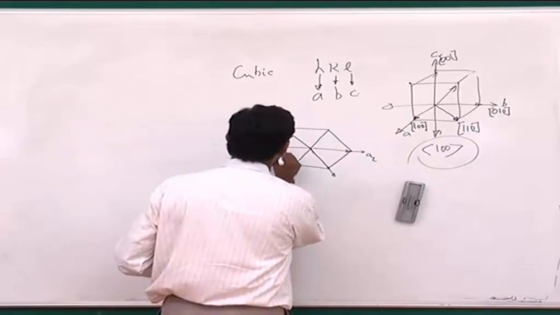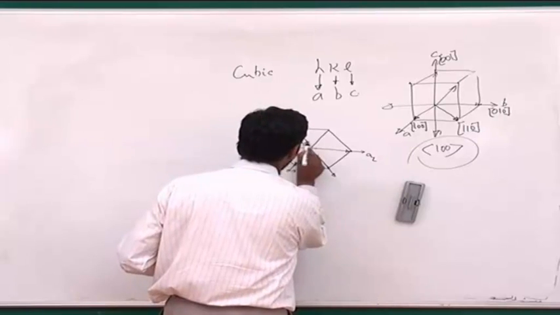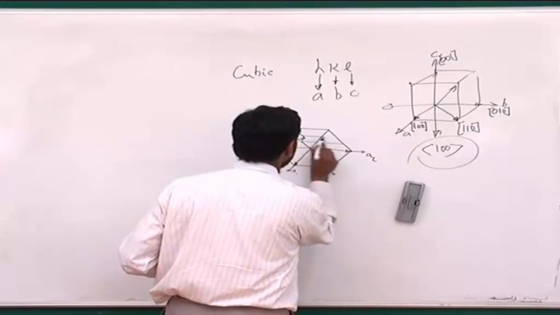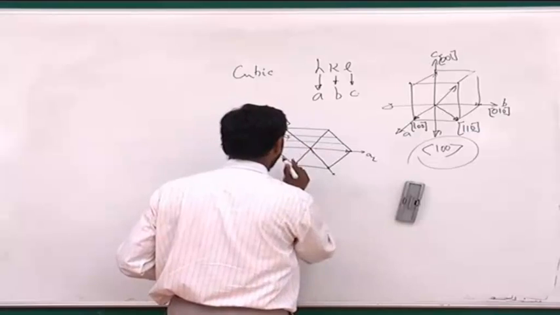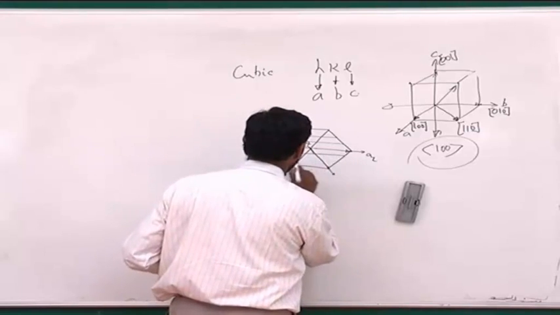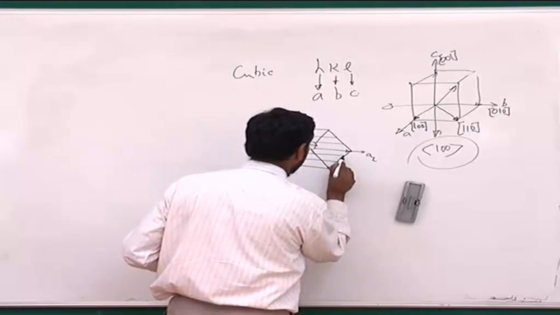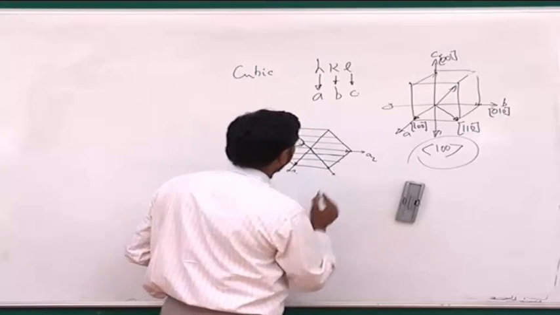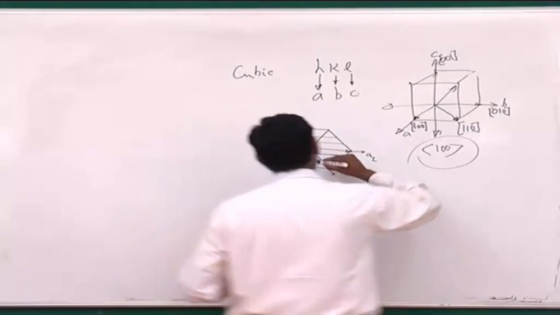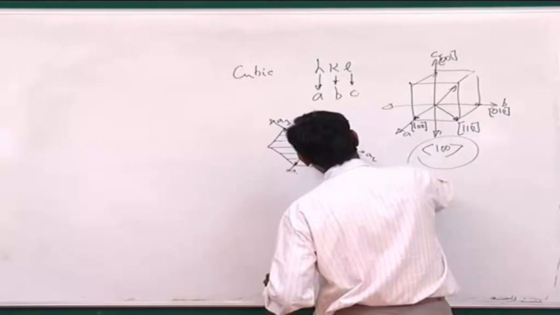So they divided this whole thing into 3 parts. Let me try to be as equal as possible. They should all be equal.